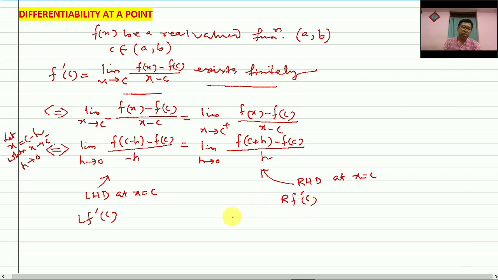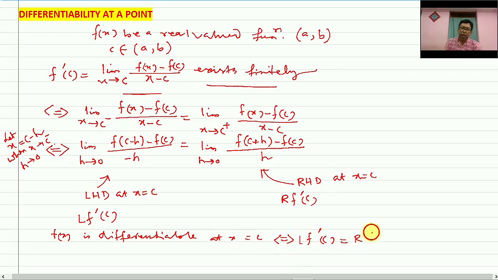Okay, thus the function f is differentiable at x is equal to c. I can write the function f of x is differentiable at x is equal to c if and only if L f dash c is equal to R f dash c.